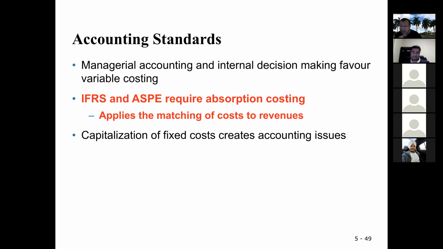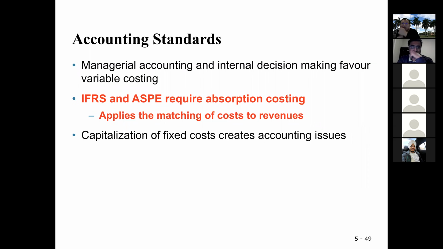But IFRS and IASB require absorption costing. Why? Because of the matching principle. You do need this fixed overhead for the production, and then for the revenue. So it matches revenue with expenses.